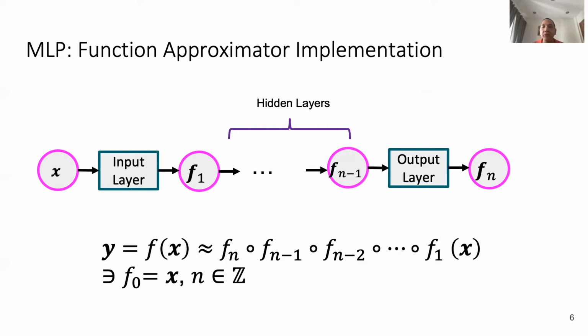MLP can be used as a function approximator. For example, it can be used as an image classifier. In MLP, the first layer is also known as the input layer. The last layer is known as the output layer. Everything else in between is called a hidden layer.